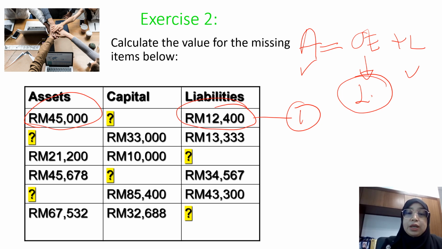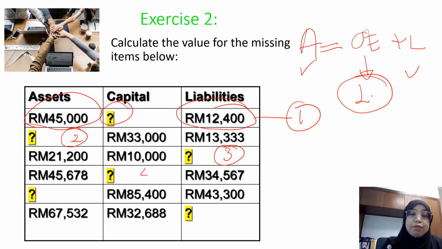Capital means asset minus liability, you will get the value for capital. And then for the second, okay, second missing figure, asset is equivalent to capital 33,000 plus liability 13,333. Alright, the third one, missing figure number 3, asset minus capital, you will get the value for the third missing figure.